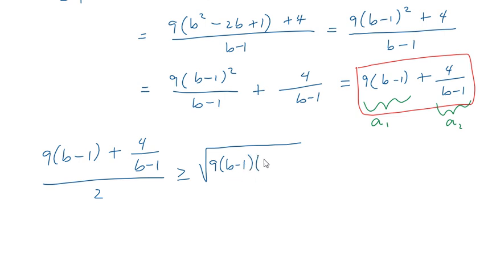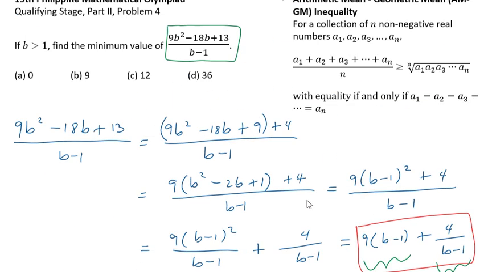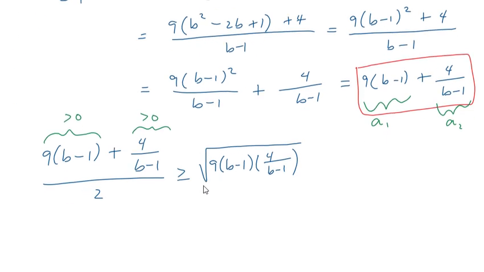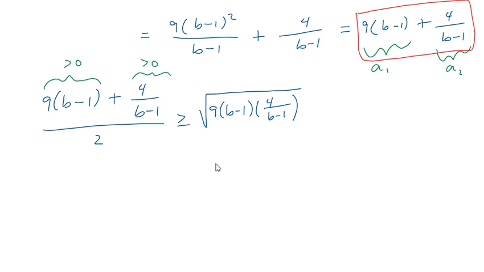By the way, you have to make sure that the two numbers are non-negative. Now let's check first. Actually, we're sure that this one is greater than 0, this one is also greater than 0, since b is greater than 1. Okay, so we can apply the AM-GM inequality.